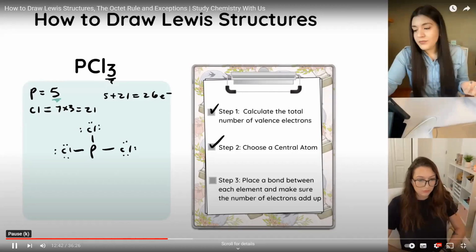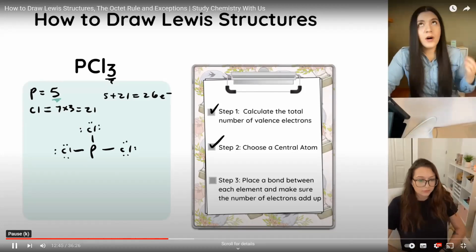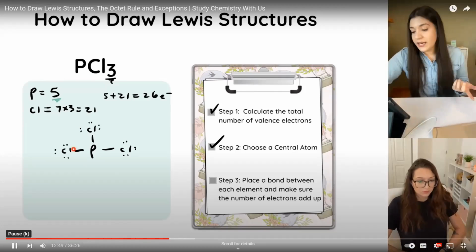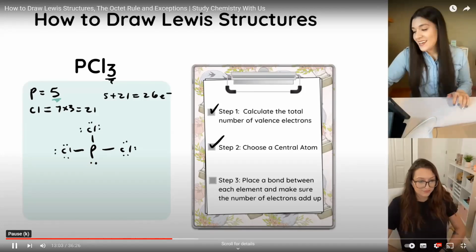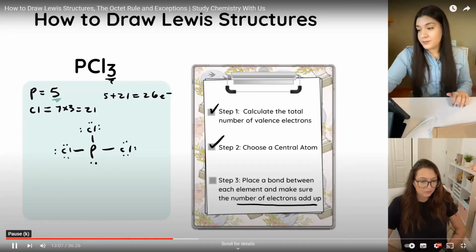The last step is to know that this has to follow the octet rule, and it doesn't right now because there's only 1, 2, 3, 4, 5, 6 valence electrons on our central atom. It wants to have 8, so I add 2 more on phosphorus. Another thing I could have done to check this is seeing if all of the electrons add up.